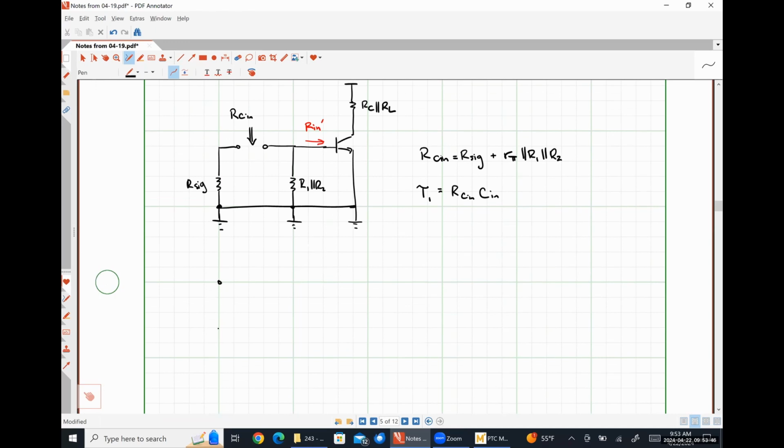So here's the terminals of my capacitor. Here's R sig. I'm going to put ground over here. And then down here I have R1 in parallel with R pi.